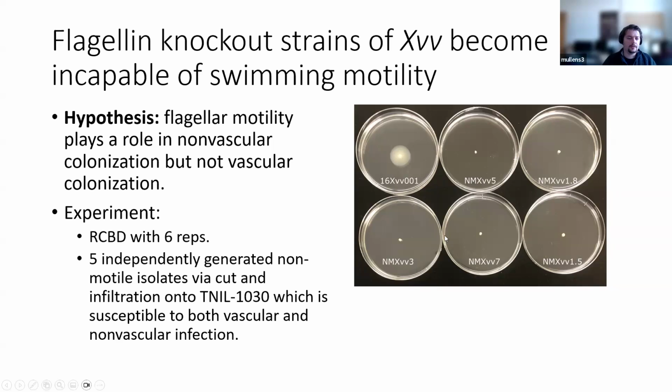So I inoculated these non-motile strains into T-nil1030 in an experiment. So this was that nil that I mentioned briefly before that was susceptible to both vascular and non-vascular colonization.